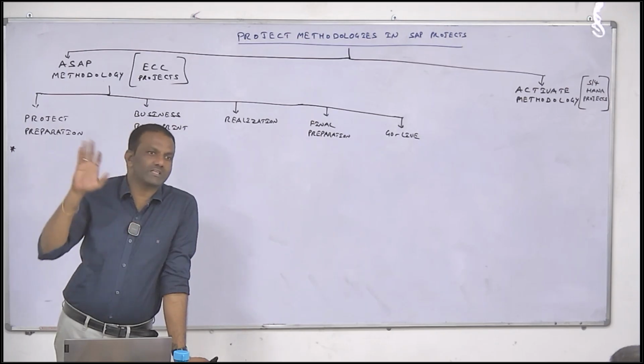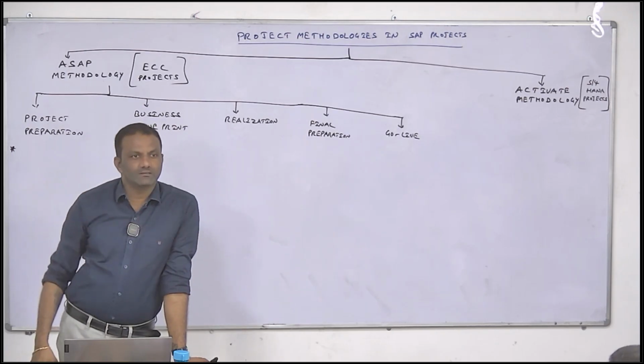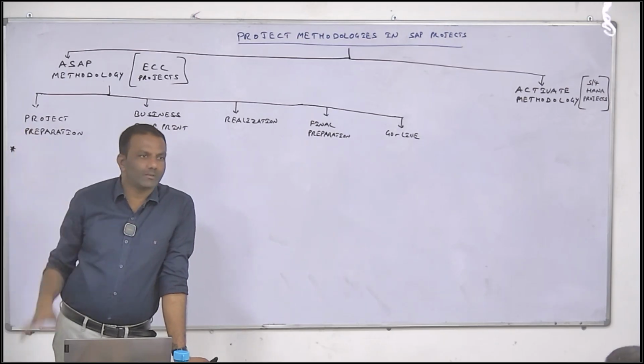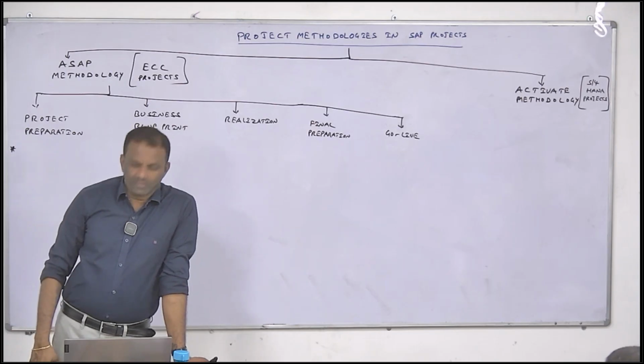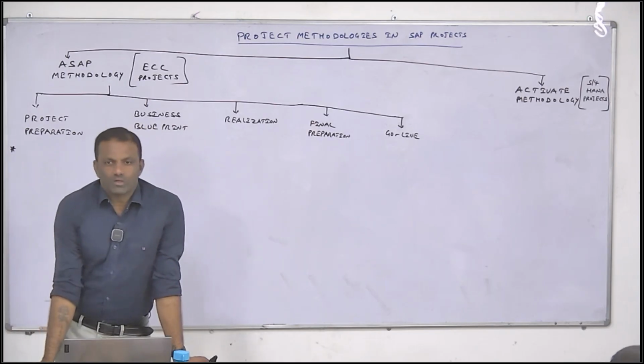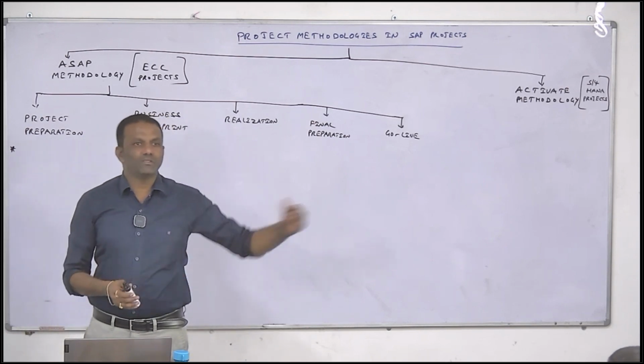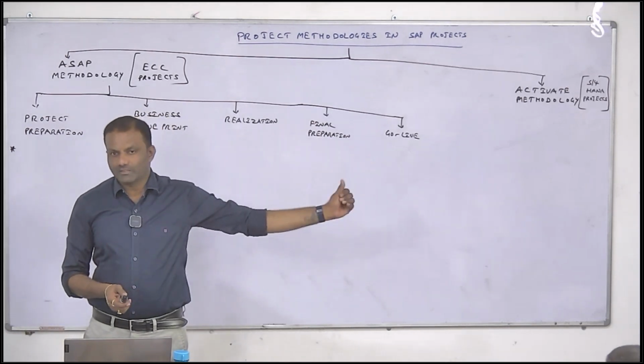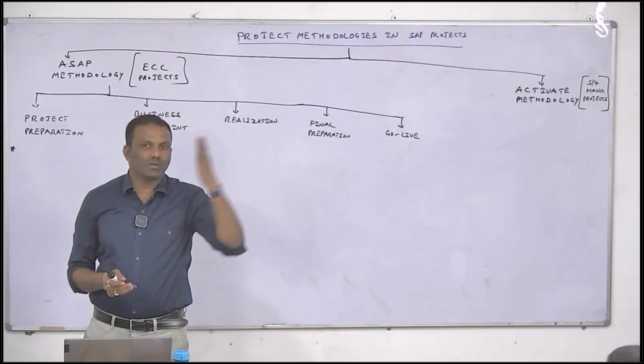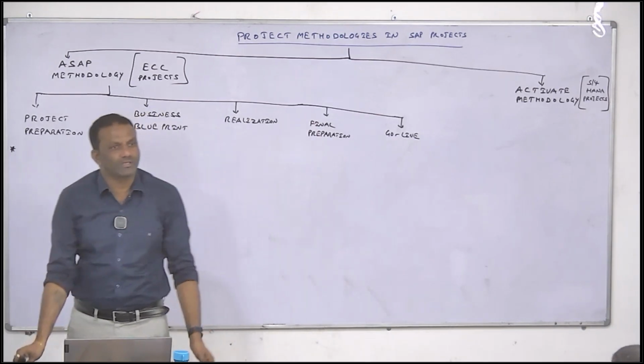They approached SAP and bought licenses. Then they said, I am purchasing a license and you are giving me a standard application, but whatever business process I am following, I should incorporate all of it in the SAP application.